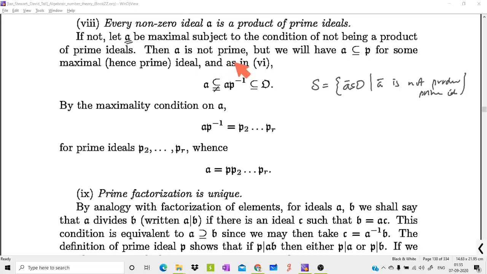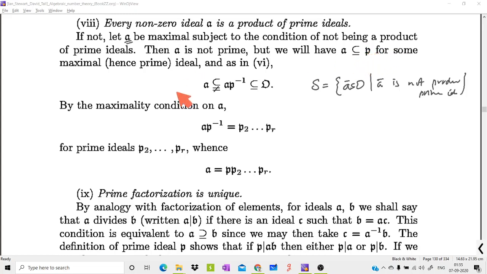Then A is not a prime. If A is a prime ideal, then A can be written as A equal to P, and that P is a prime ideal. So we can assume A is not a prime ideal. Then A is contained in P for some maximal ideal. Every maximal ideal of O is a prime ideal.